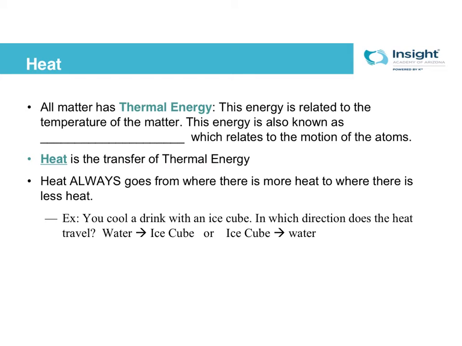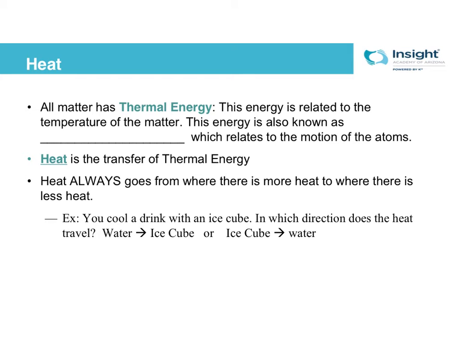All matter has thermal energy. This is the energy related to the temperature of the matter. We've talked about this before. Temperature is a direct measure of what? It's a type of energy that is related to the motion of the atoms.